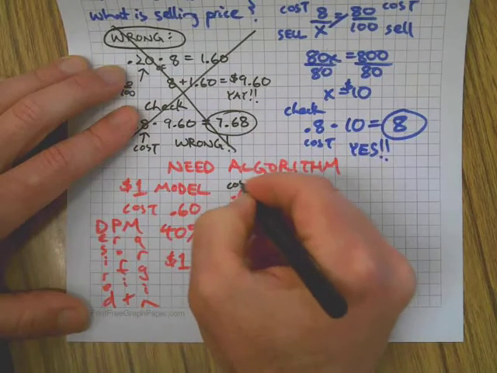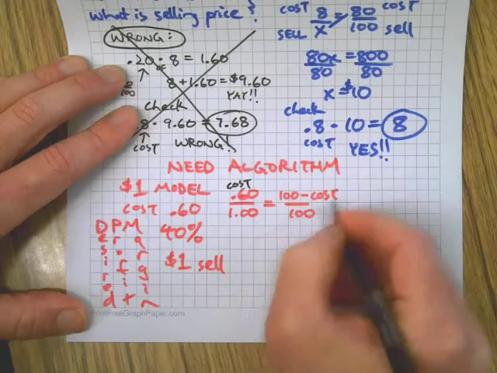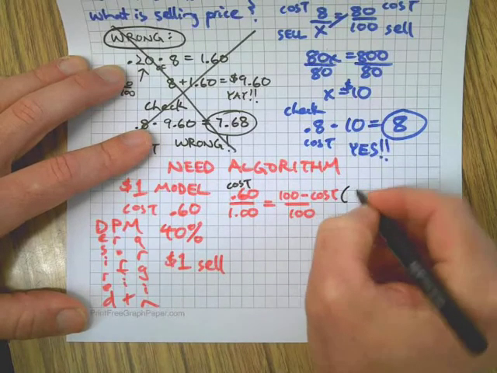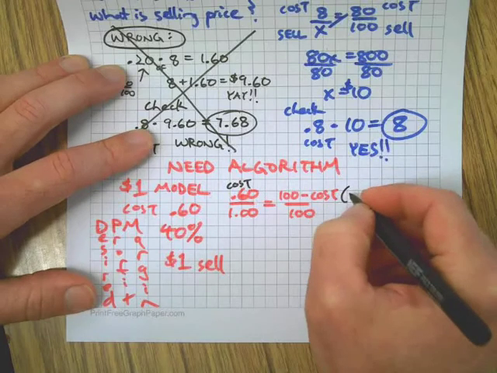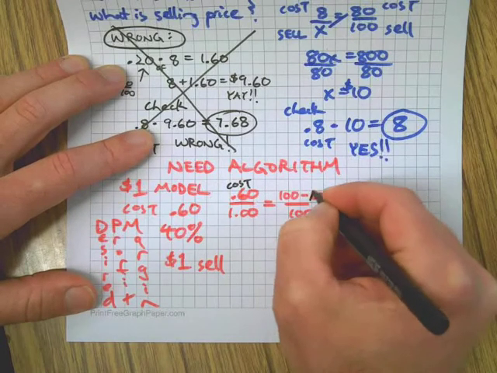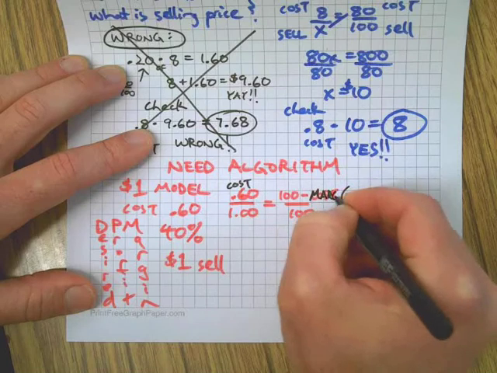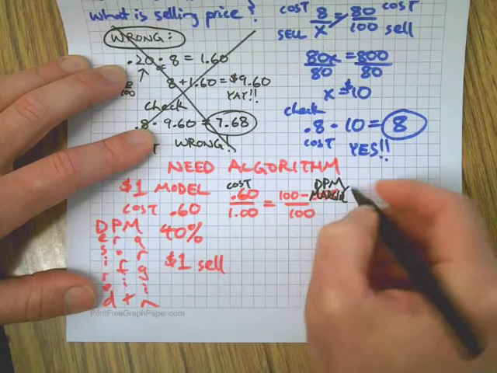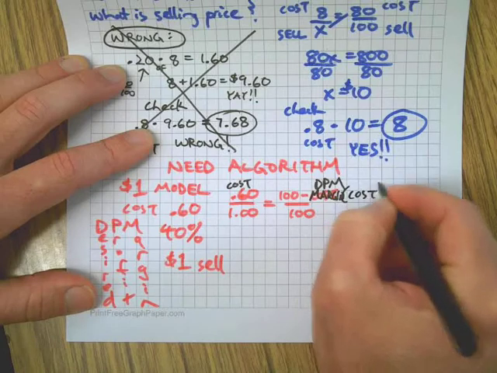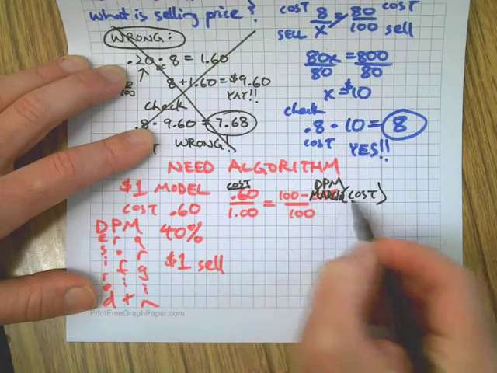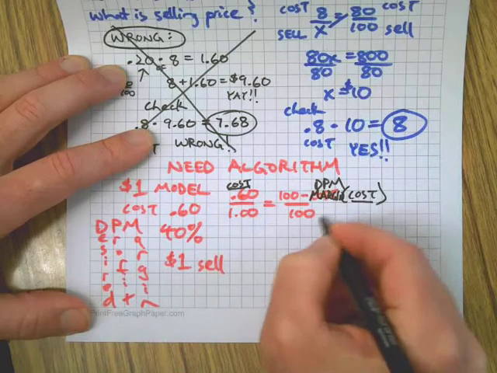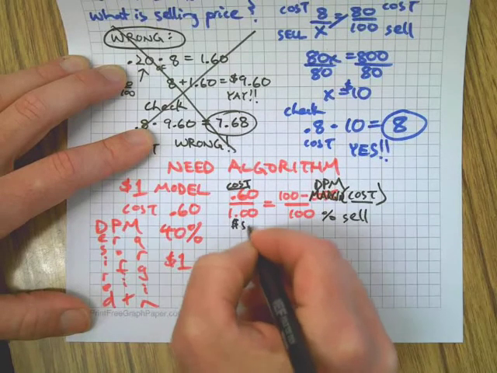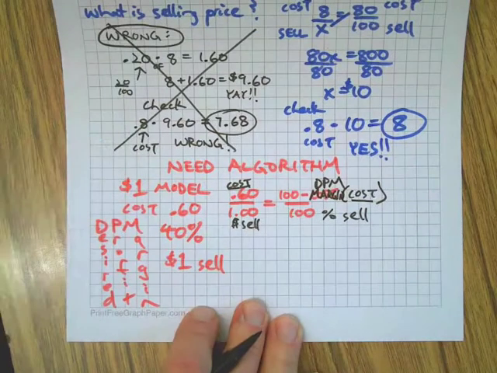Okay, let's get this all set up. So there's my cost. Here is 100 minus my DPM, my profit margin. So that also gives me my cost when it's done. So we have cost to cost, and then we have my percent sell, and we have my dollar sell.